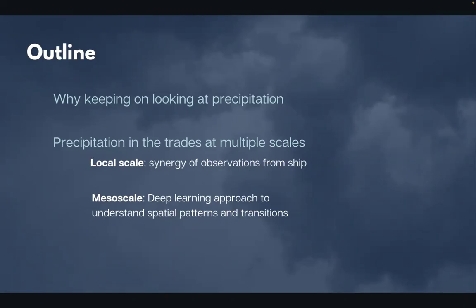But at the same time, we can look at the same events and the same precipitation from a different perspective, that is from satellite, exploiting deep learning methods to understand the spatial patterns that live at the mesoscale, and also look at the transitions from one pattern to the other and how they are linked to the local scale. That is what I'm presenting at the beginning.